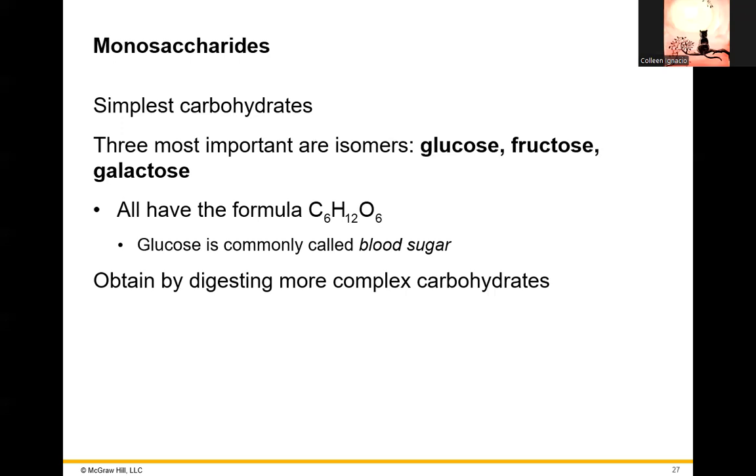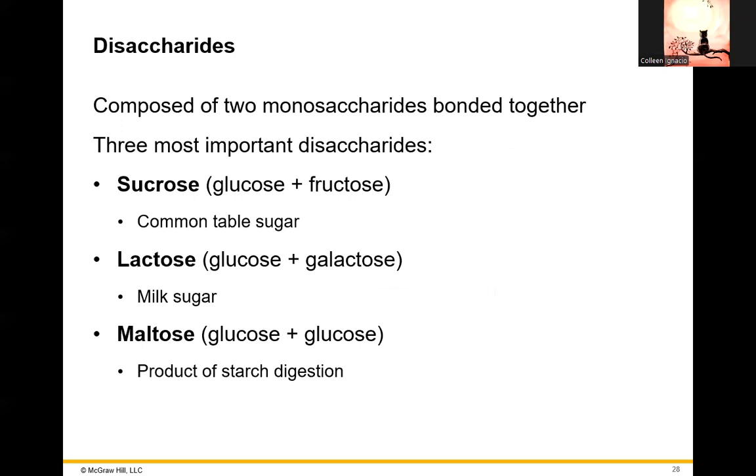So the monosaccharides will be broken down by the body. So that's the important part. So again, simplest carbohydrates are these monosaccharides, glucose, fructose, and galactose. And then how can a person gain more of these? By getting complex carbohydrates.